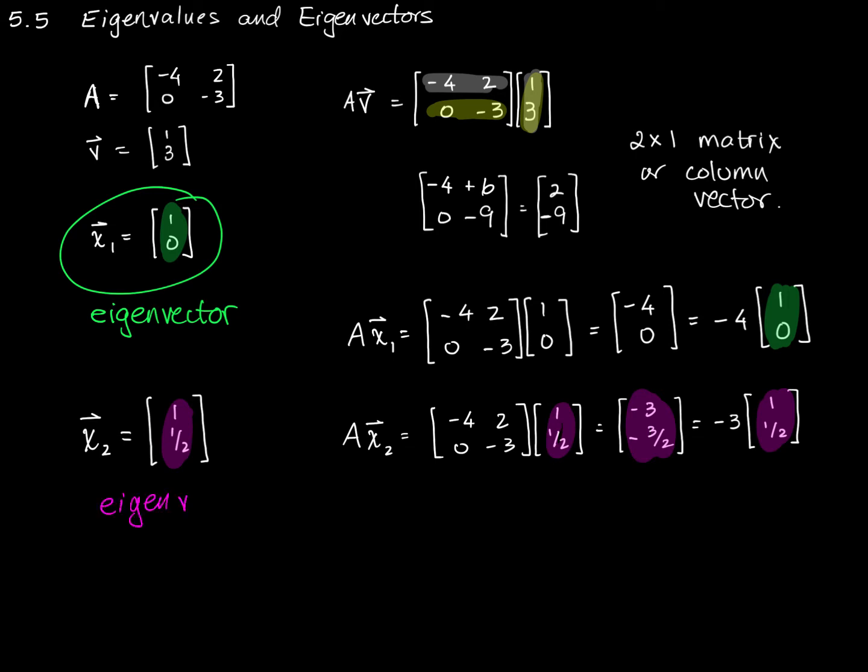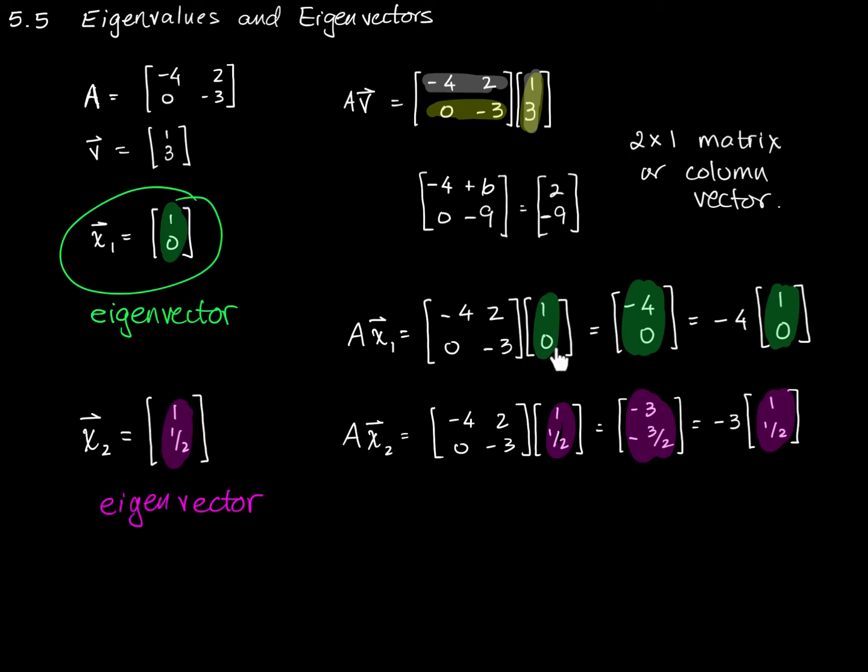So I've used the same matrix A with two different vectors, and I've gotten the same result. Not the same numerical result, but the same. Let me use a highlighter here as well. Green. Okay. This vector is a scalar multiple of this vector. This vector is a scalar multiple of this vector. These are different vectors.